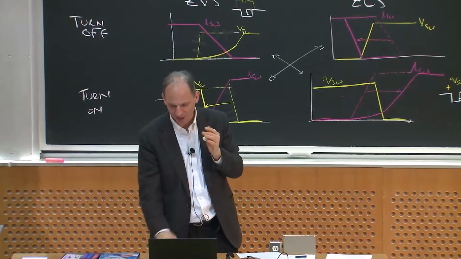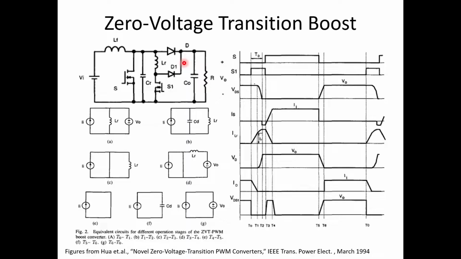I'm almost out of time, but I'll point to one example and give you a notion of this. In fact, this circuit, or a close version, is described in KPVS, the snubbers and soft switching chapter. Here's the idea.